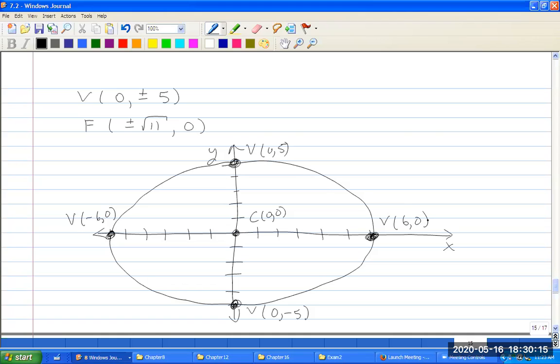The square root of 11 is a little over 3, so let's say this is 3, the foci.